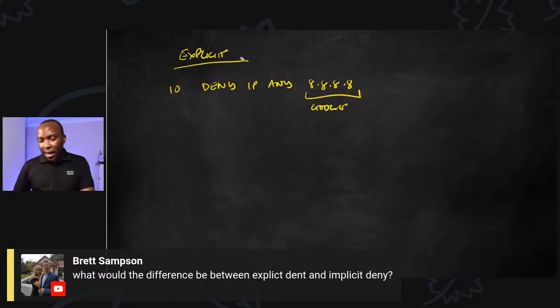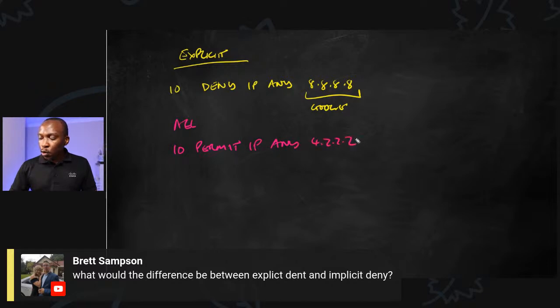Implicit deny, on the other hand, is that every access list has an implicit deny at the end, meaning I need to have at least one permit statement. So let's say I want to permit IP any going to 4.2.2.2. What I have simply said is anything going to 4.2.2.2 is accepted, but at the end of every access list, there is an implicit deny.